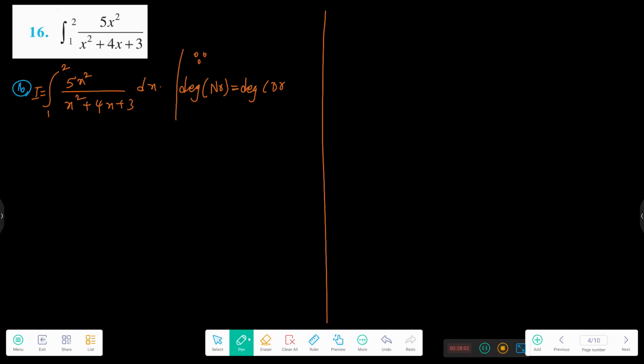The coefficient of the highest power in the numerator, 5, divided by the coefficient of the highest power in the denominator, 1, you can divide, plus the same question, and then continue.